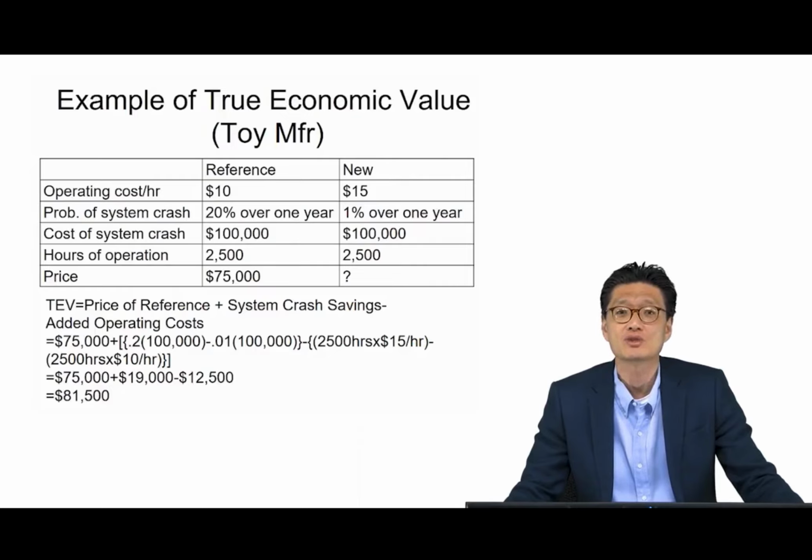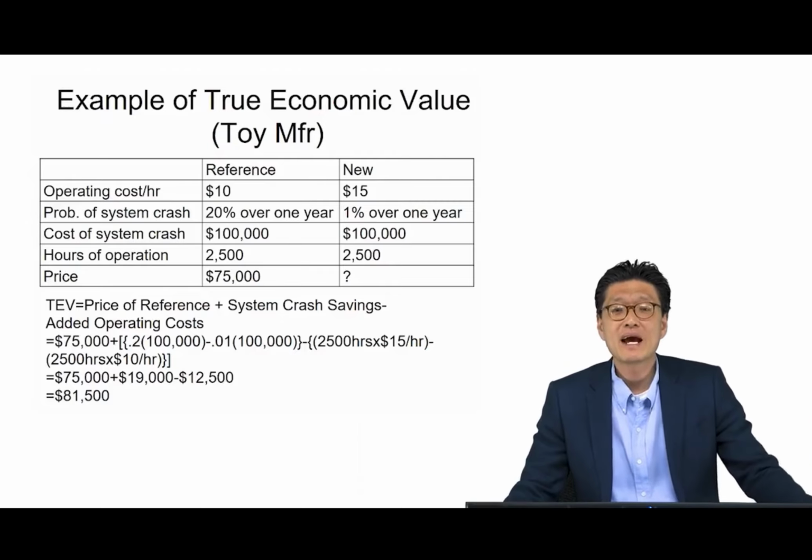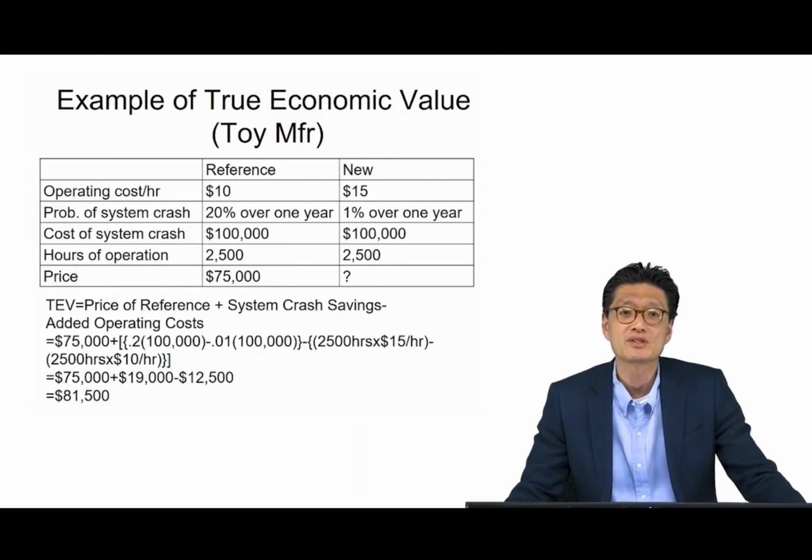Based on the data in this table, and based on the formula that we just learned in the previous two slides, TEV of this new air filtration system should be the price of this reference product plus the differential in value that this new system is able to provide to this toy manufacturer compared to this reference product that's being sold in the market currently. Which is then the system crash savings minus the added operating cost.